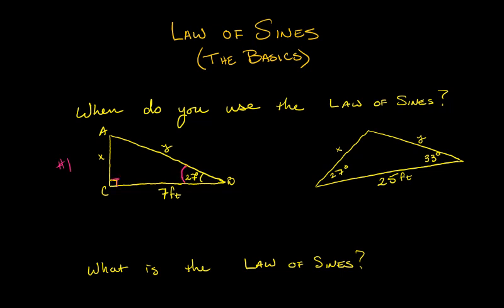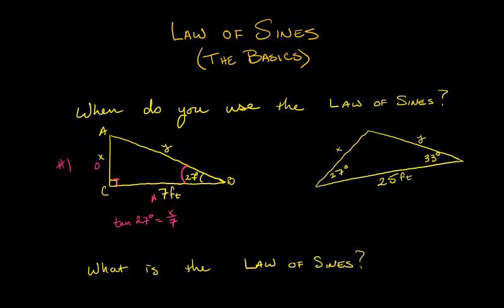It's a right triangle. So you could say, okay, that's 27 degrees, x is my opposite, and 7 is my adjacent. So I could just use the tangent of 27 degrees equals x over 7, and I could find x by multiplying by 7 and then using my calculator.